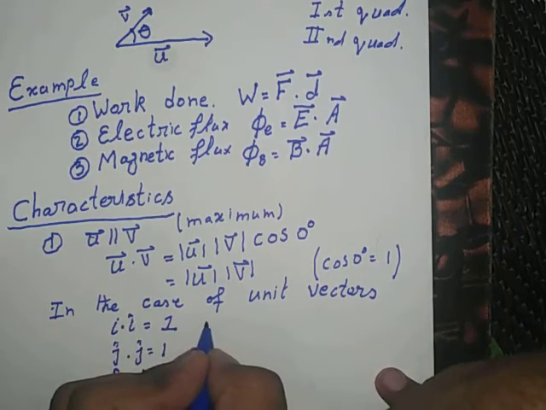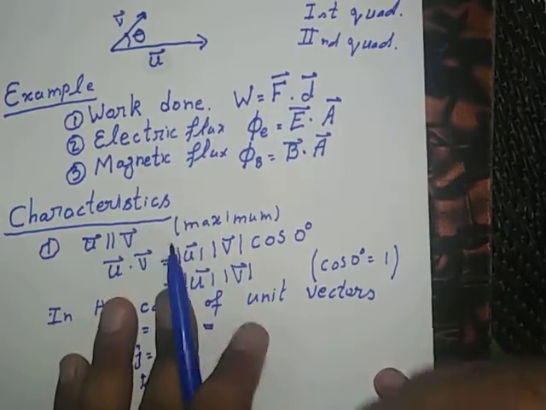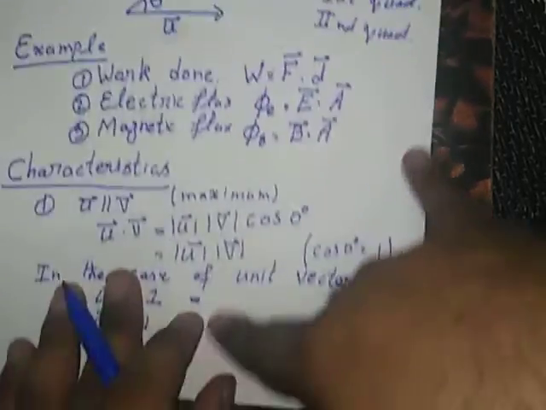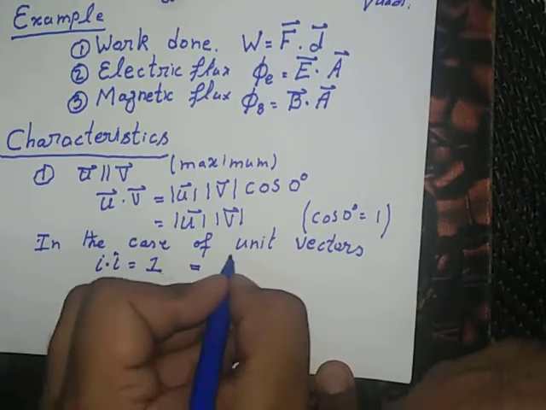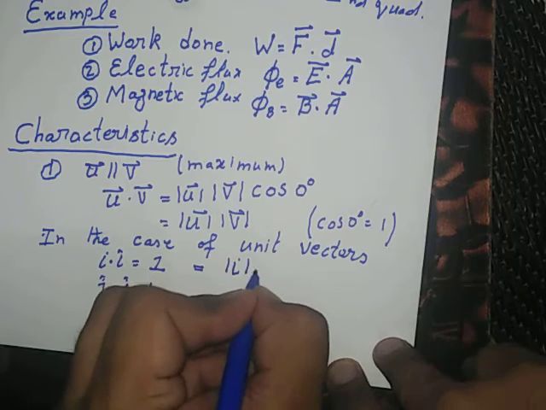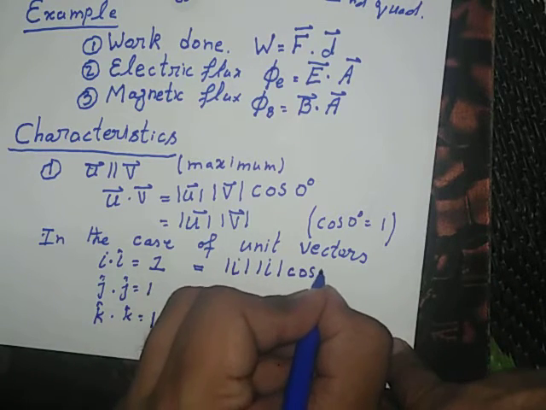How does this hold? We use the definition of the dot product: the magnitude of i times the magnitude of i times cos of 0 between them.